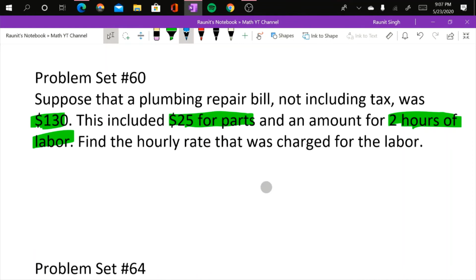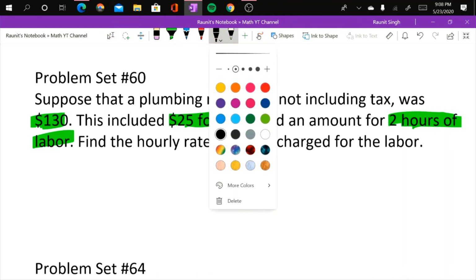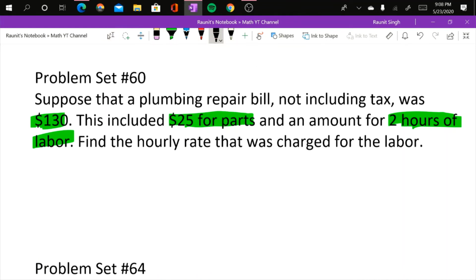So we're just going to do the same thing we did last time. We have $25 for parts plus 2 hours times x dollars, which is equal to 130.